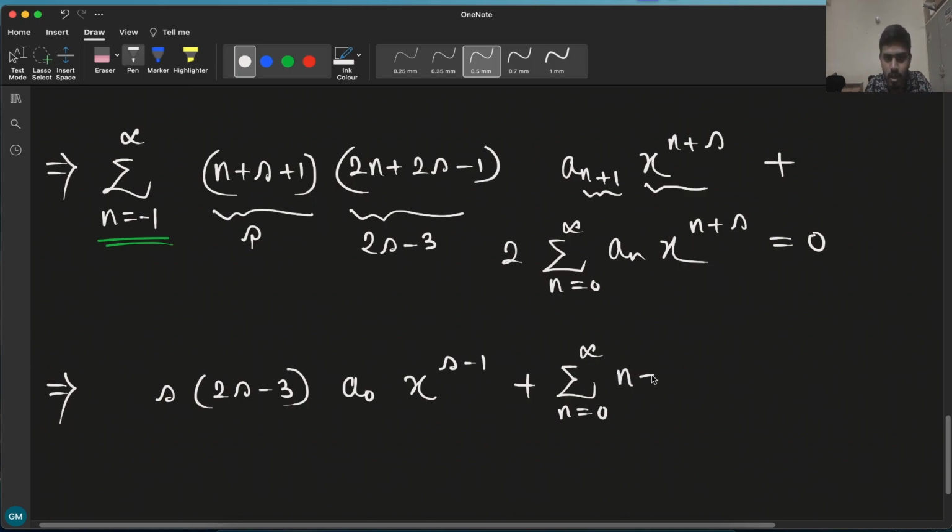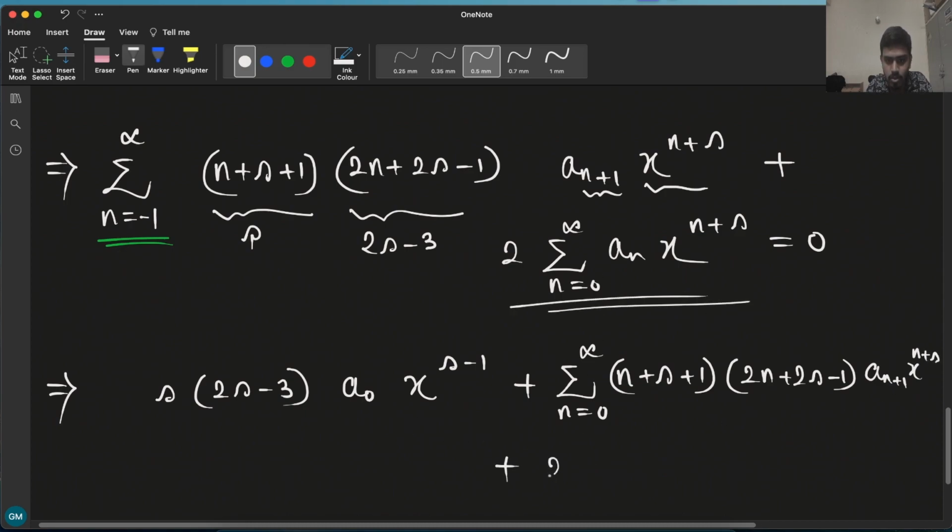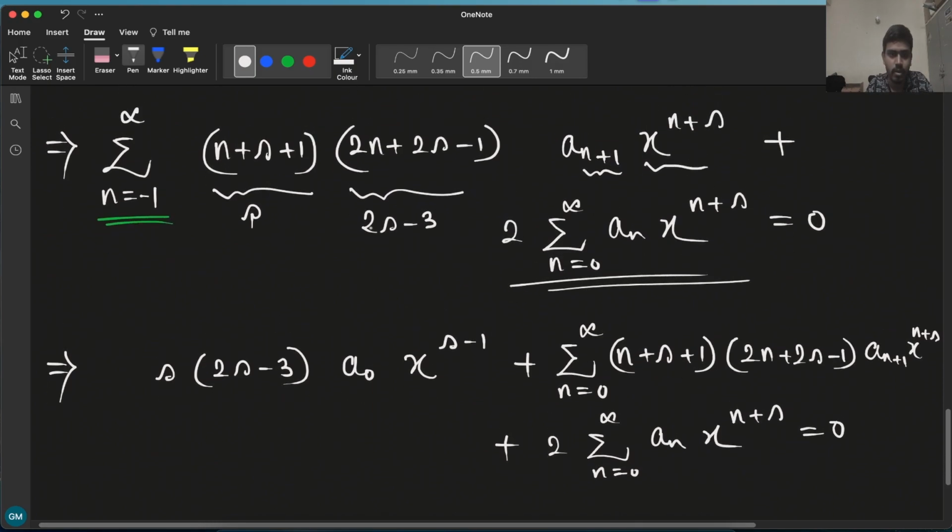It will be n plus s plus 1 times (2n plus 2s minus 1) a_{n+1} x to the power n plus s, plus this term, 2 times the sum n equals 0 to infinity a_n x to the power n plus s, equals 0.